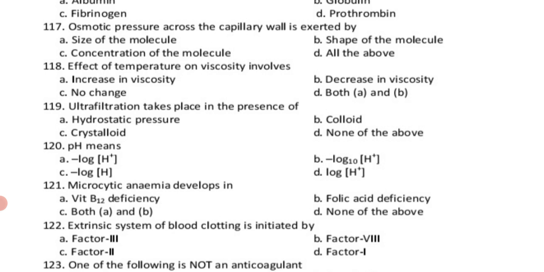Then question number 122. Extrinsic system of blood clotting is initiated by. Option A, that is factor 3. These factors are represented by Roman numerals. Factor 3 is the first factor which initiates the extrinsic system of blood clotting.